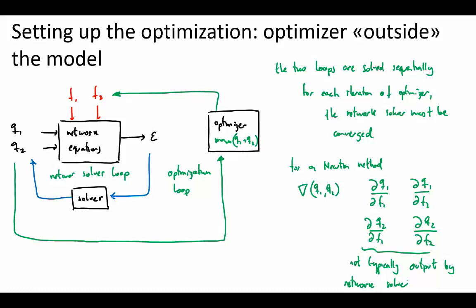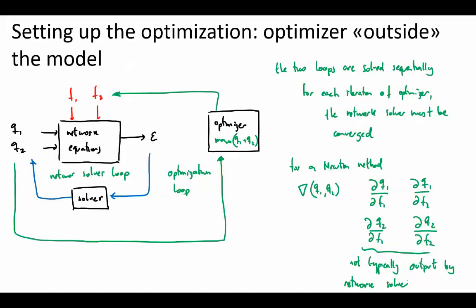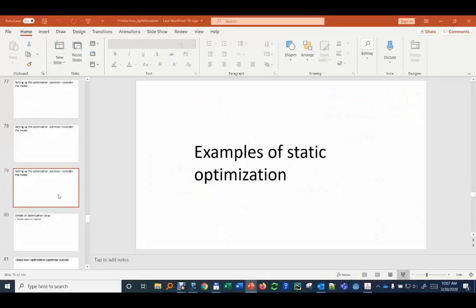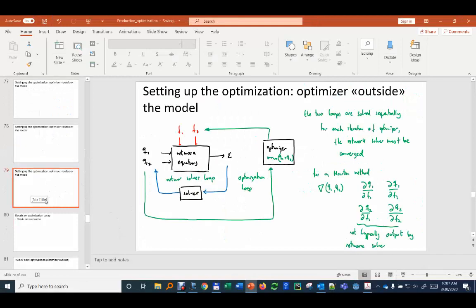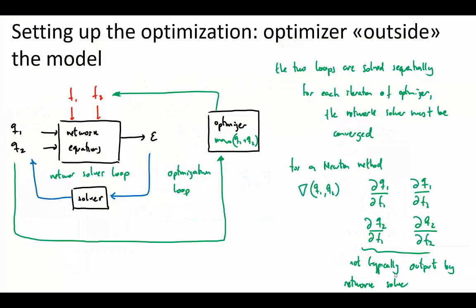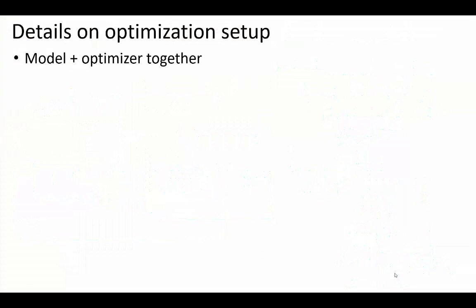So one approach could be this. Another approach is to do the model and optimizer together, right?